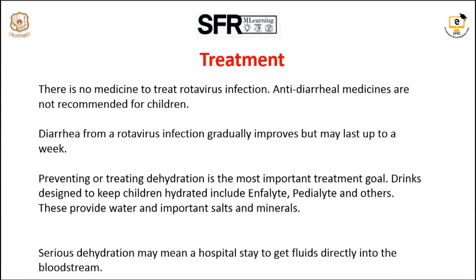Coming to the treatment, there is no special medicine to treat rotavirus infection. Antidiarrheal medicines are recommended, but not for children under the age of 5. Diarrhea from rotavirus infection gradually improves but may last up to a week.